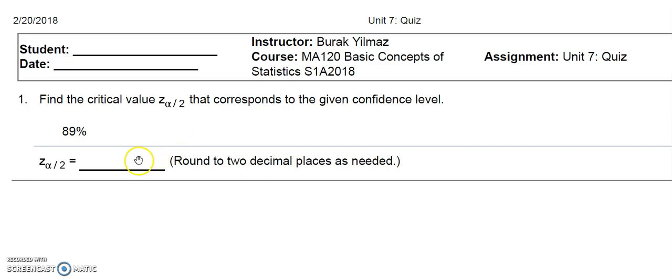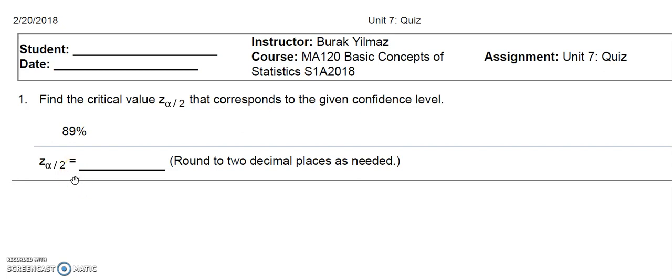So 5.5% is the area to the right of this z value. So the area to the left would be 1 minus 5.5%, which is 94.5%.